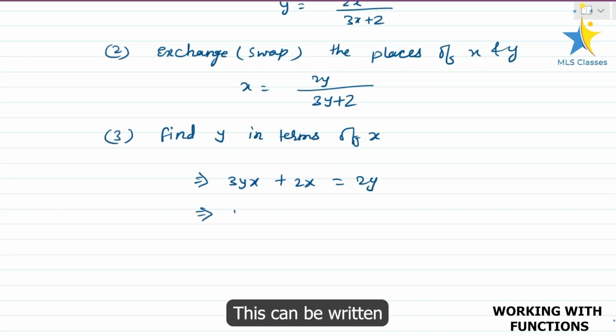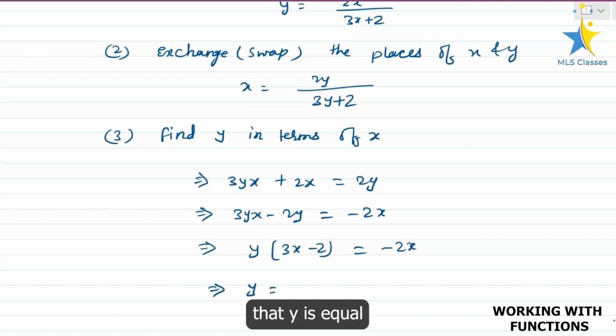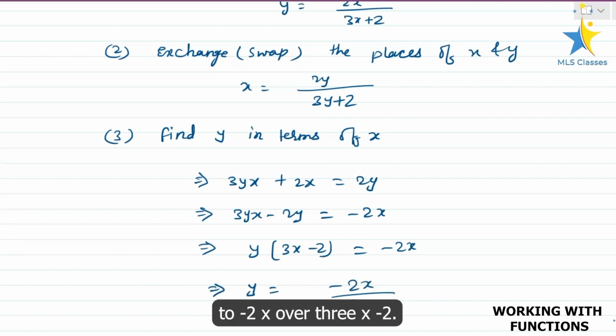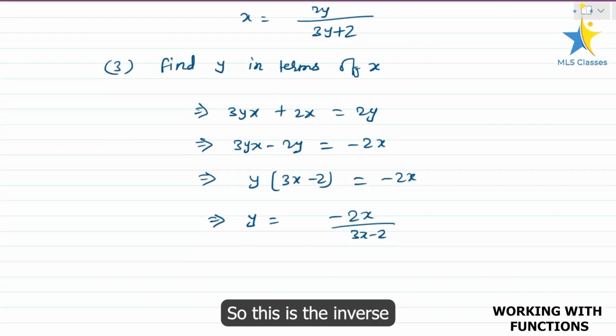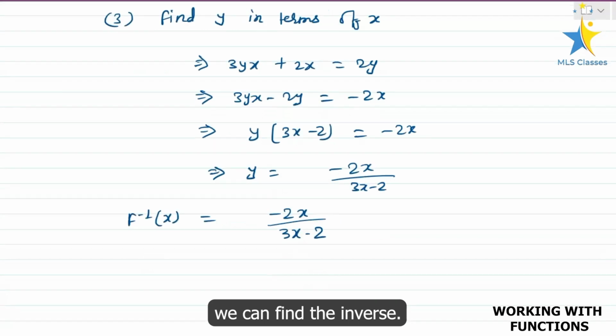This can be written as 3yx minus 2y equal to minus 2x. This implies that we can take y common and write y times (3x minus 2) equal to negative 2x. So y is equal to minus 2x over 3x minus 2. So this is the inverse function. We can say f inverse of x is equal to minus 2x over 3x minus 2. This is how we can find the inverse function.